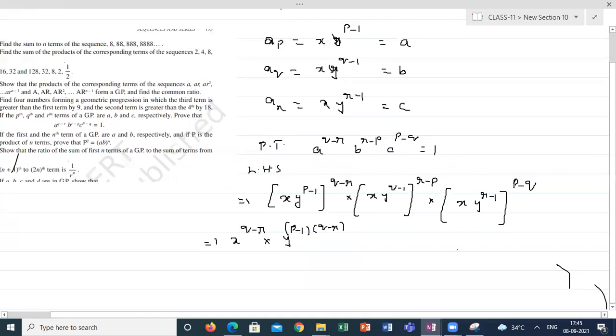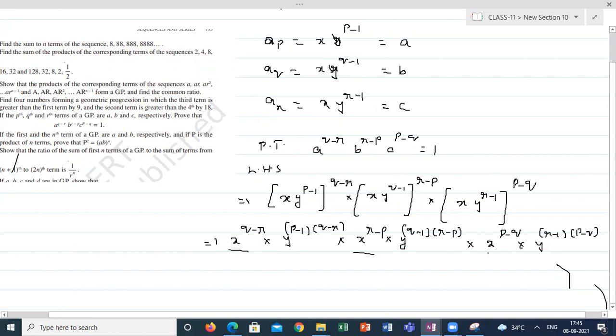With powers into here, X power R minus P into Y power Q minus 1 into R minus P, X power P minus Q into Y power R minus 1 into P minus Q.